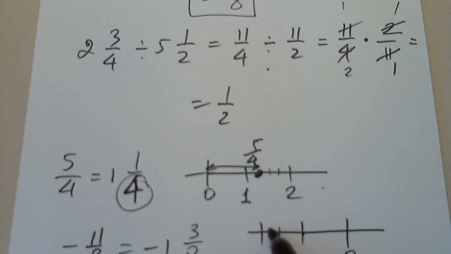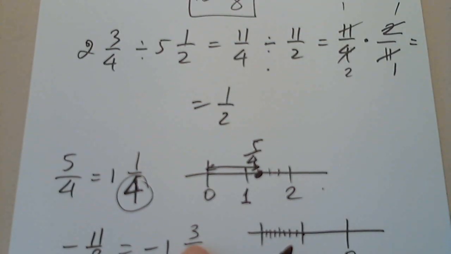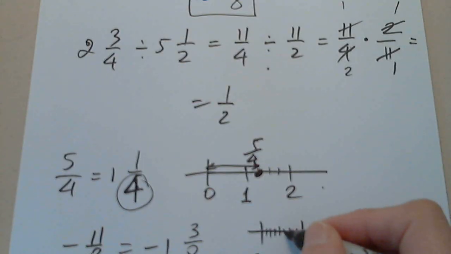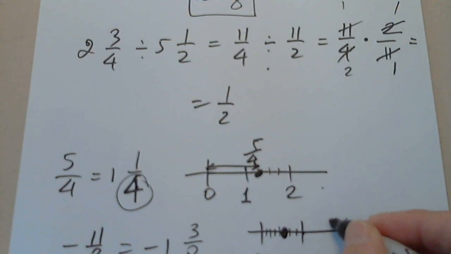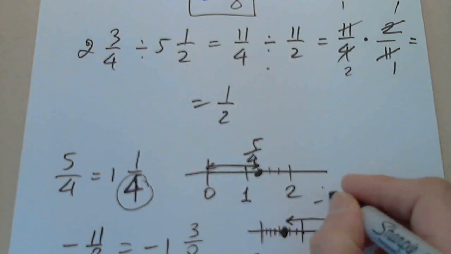I have to divide this unit into 8 pieces and take 3 of those. 1, 2, 3. This distance is -1 and 3/8.